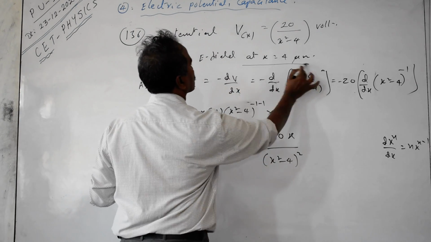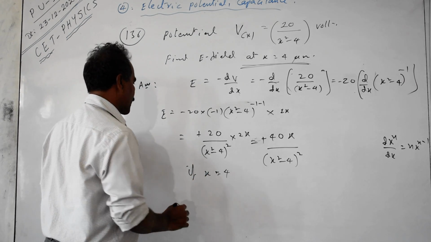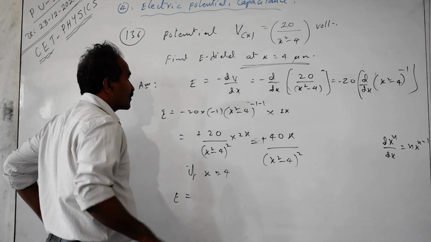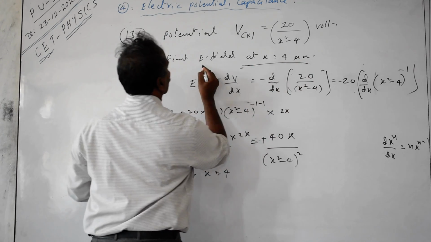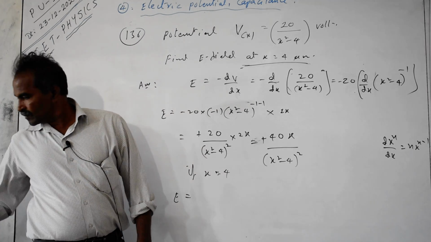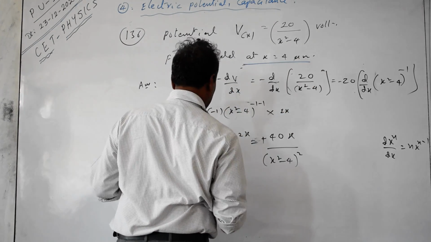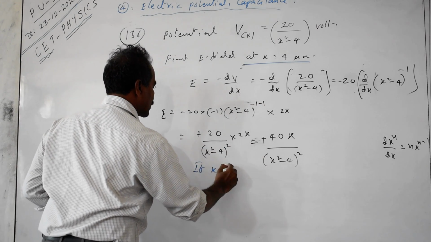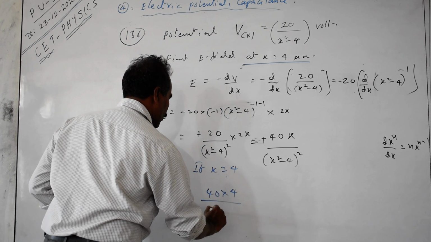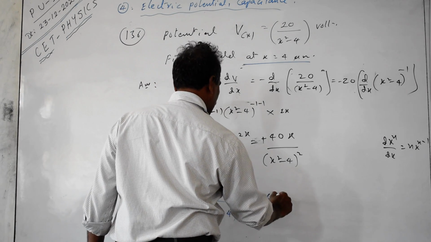But what you are asked is x equal to 4 units. If x equal to 4, substitute the value into this, then the electric field is 40 into 4 by (4 square minus 4) whole square. 40 into 4 is 160.